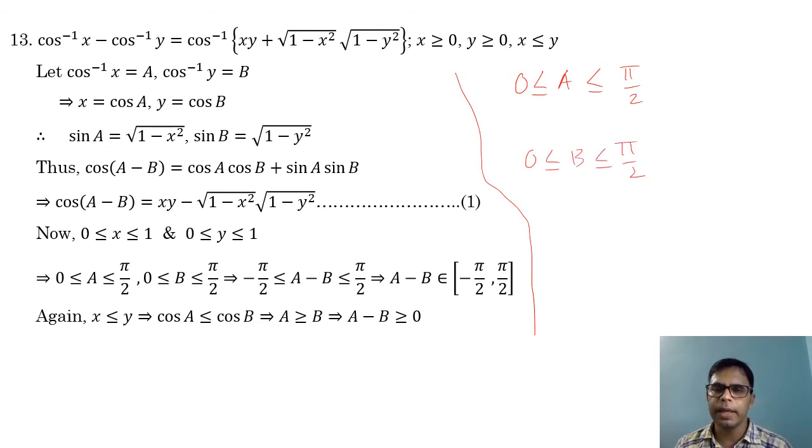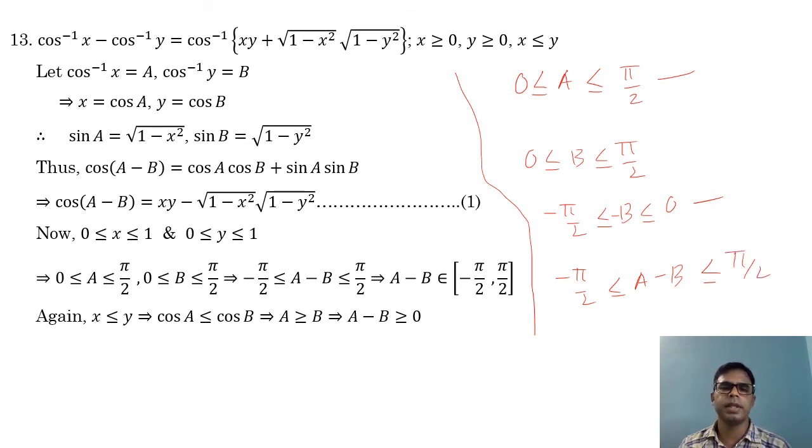And so the value of minus b will be from minus pi by 2 up to 0. Now adding this and this, the left hand side will be minus pi by 2, and it is a minus b only, and this is only pi by 2. That is why a minus b is in the range minus pi by 2 up to pi by 2. You got my point.